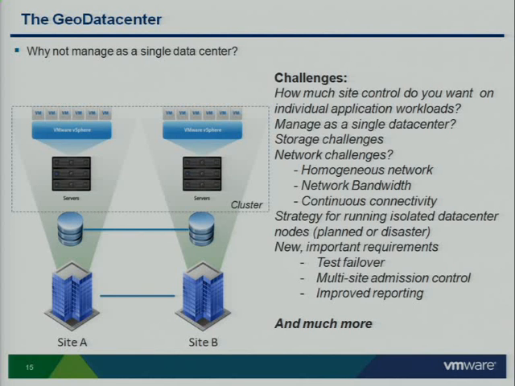One is the storage challenge, right? If you have, for example, active-passive replication, such as SRDF, et cetera, then that's not something that will automatically work, because at any point in time, if I have active on one side and passive on the other, I have to bring up that LUN on the other side.